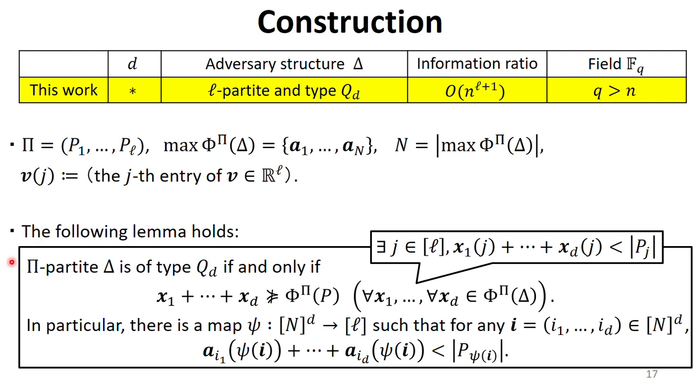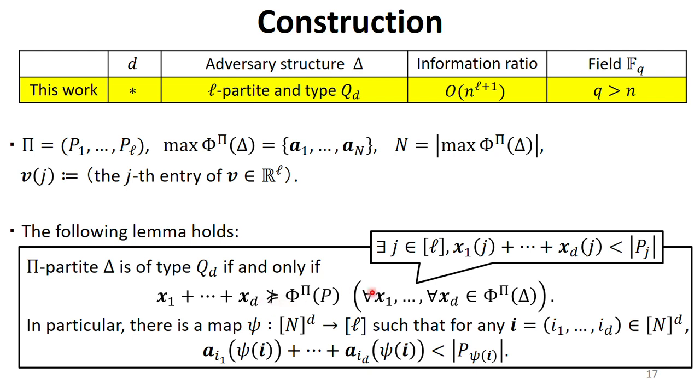And first, I characterize L-partite adversary structures of type QD. Specifically, an L-partite adversary structure is of type QD exactly when any d vectors do not exceed this vector with respect to the coordinate-wise order.